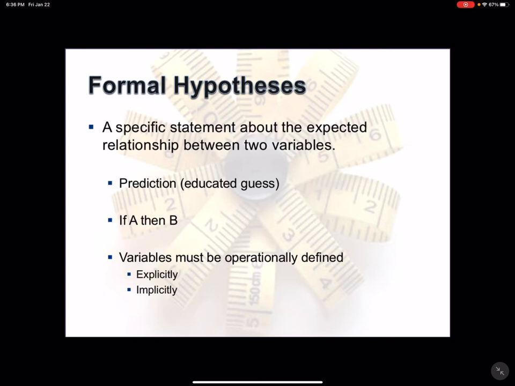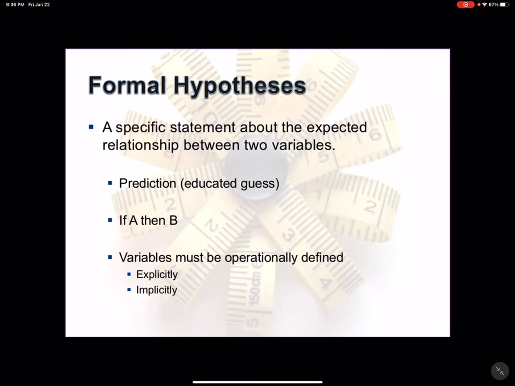And I would say you can define it however you want. You can say 100% either Chinese or Japanese or Filipino, or you can say 75%. It doesn't really matter. You just have to define it. That's operationally defining.